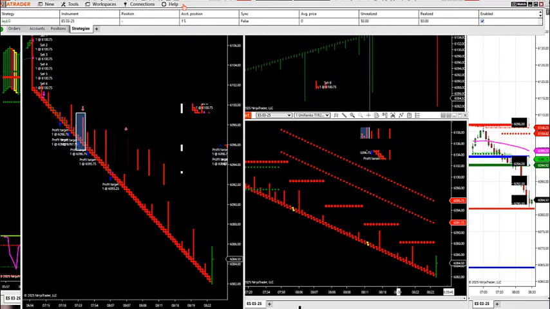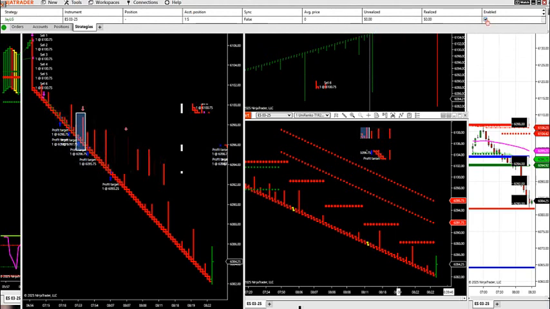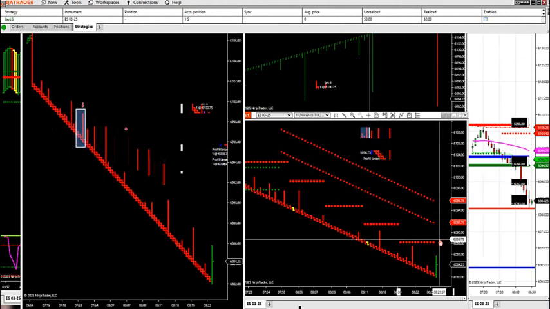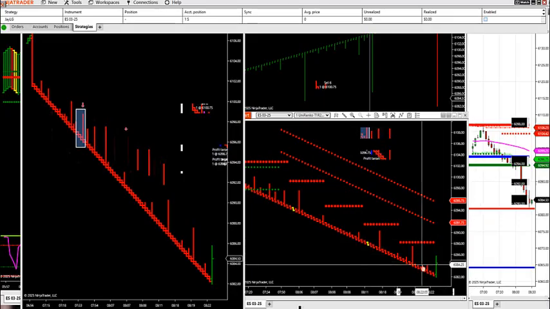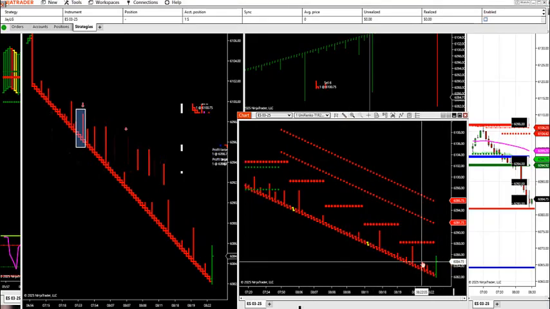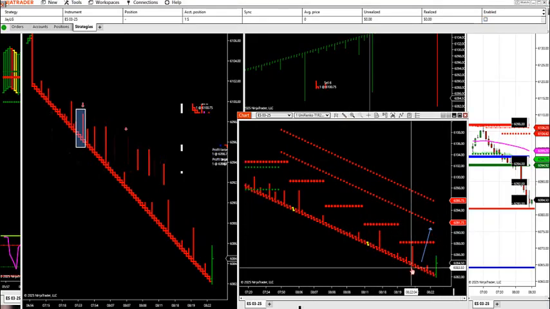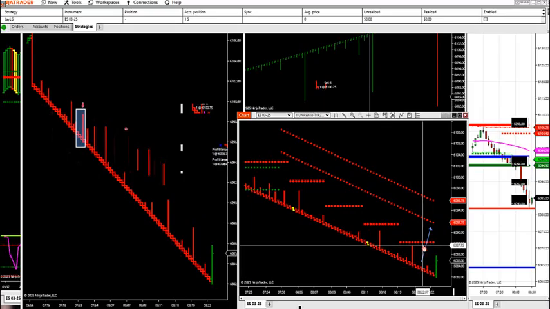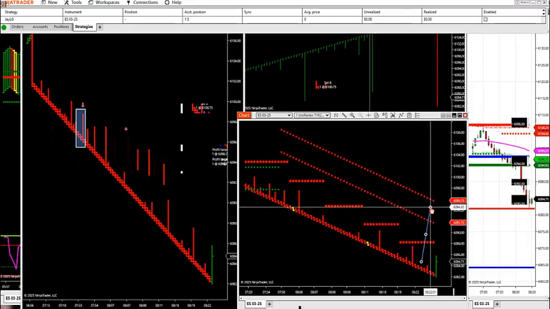So you're trading the strategy, you can turn the LG2 off and just wait until we get a retracement in price. And then we're going to look for what's called a V top.